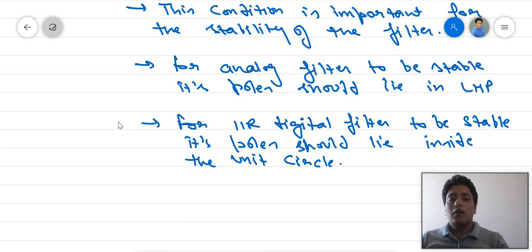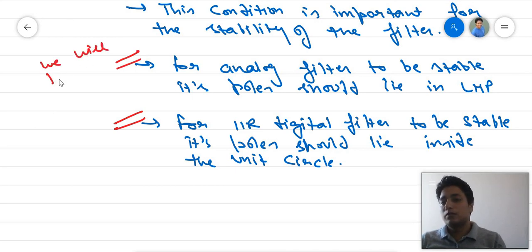The digital part we have already discussed in our previous lectures. This analog part we will discuss in a supporting lecture.